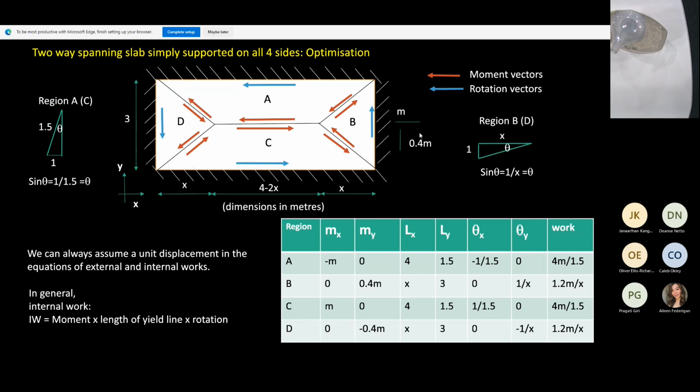Yeah, they are given. The moments there, which is not given to you, these moments here depend on the steel reinforcement of the slab. So depending what reinforcement you've got in the x direction and the y direction, you use Eurocode. I think I did explain it last week.